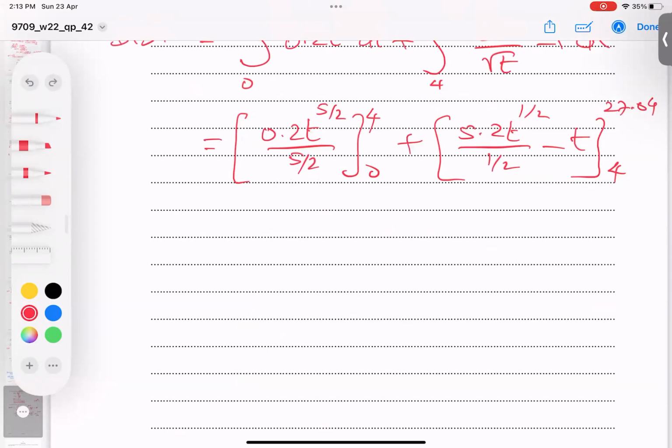Now simplify first of all. So you know it very well, students. This is 0.2 into 0.4 divided by 5. The fraction form comes to 2 over 25. It makes the question easier and there is less chance of mistake. 5.2 divided by half is 52 by 5 times root of t.